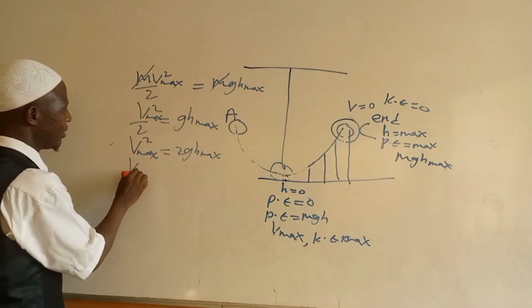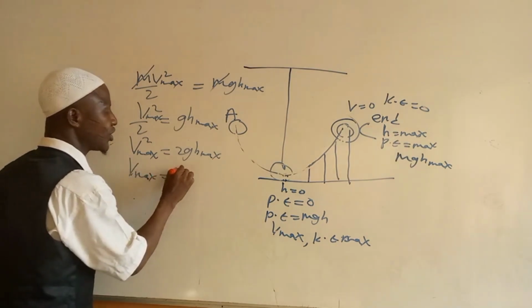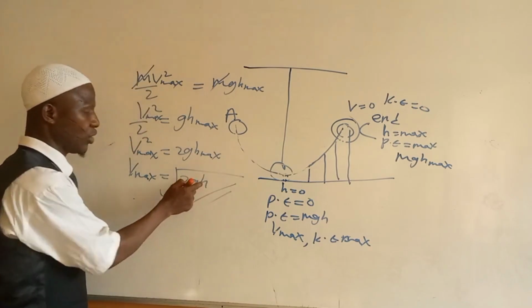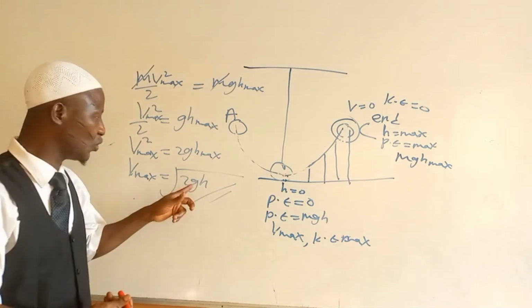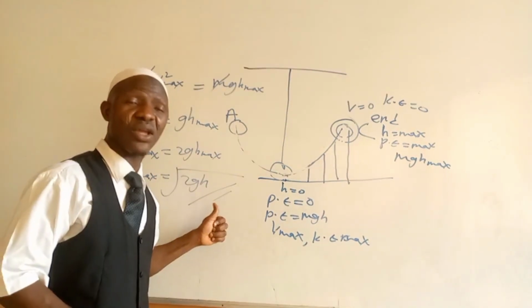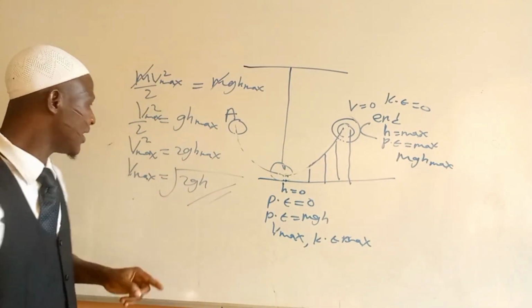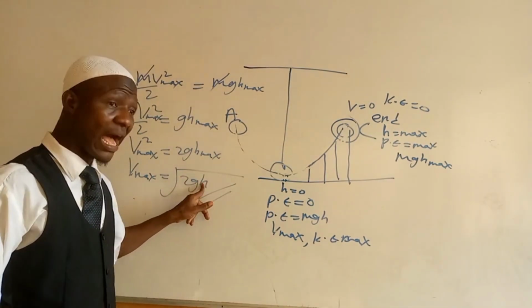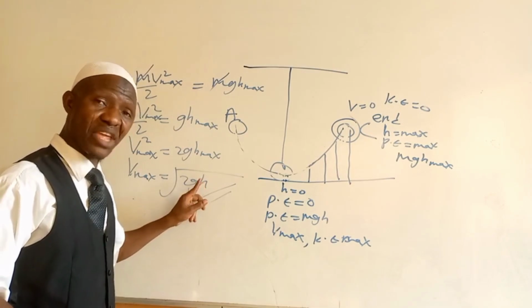Therefore, the maximum velocity v is equal to the square root of 2gh. Take note of this formula, square root of 2gh. It is very similar to another formula you will come across under escape velocity. That one will have the square root of 2gR, R being the radius of the earth, instead of h.